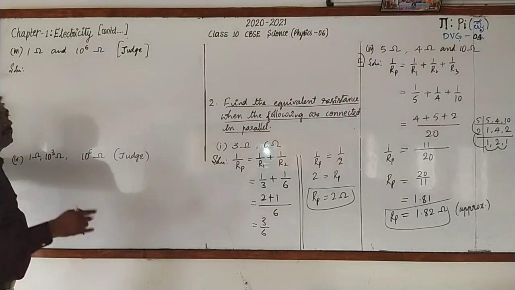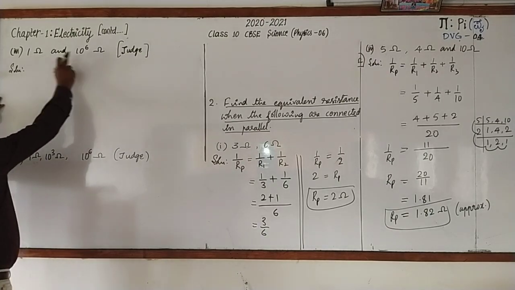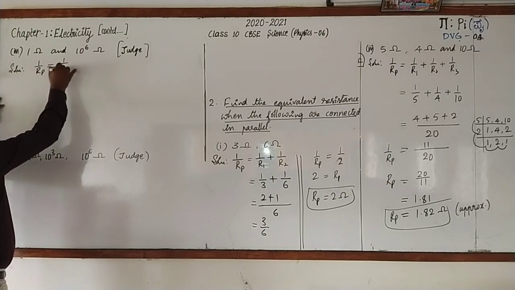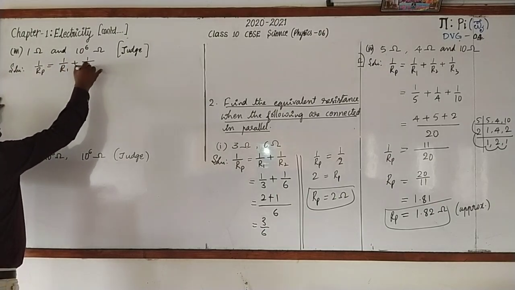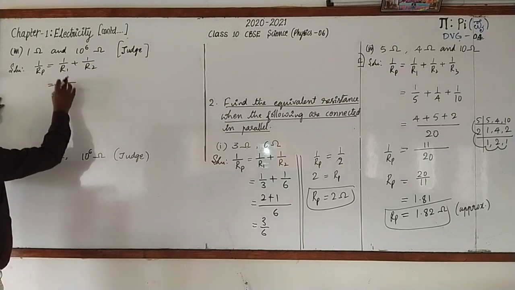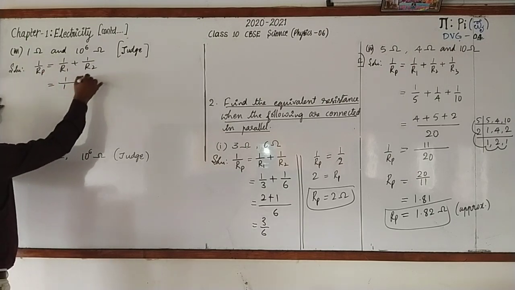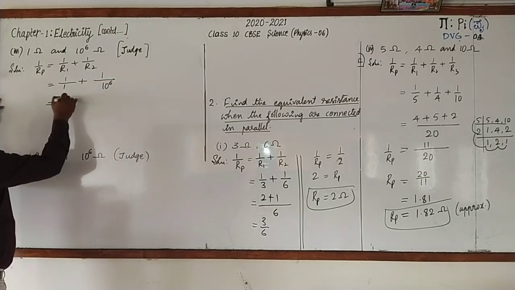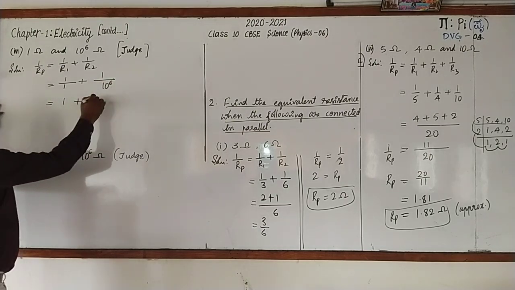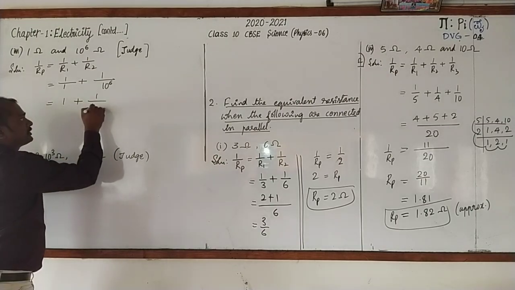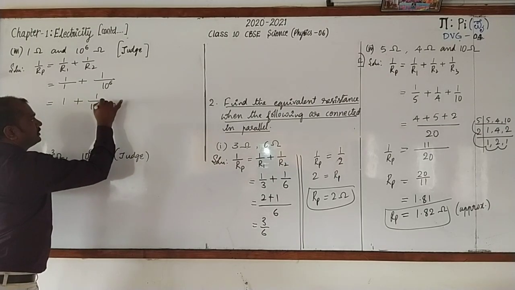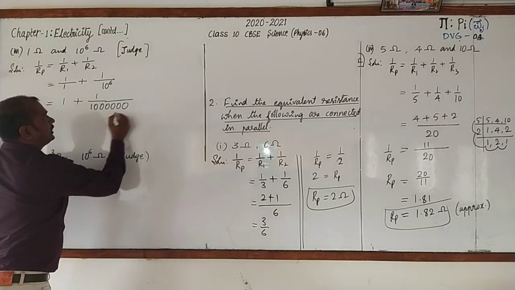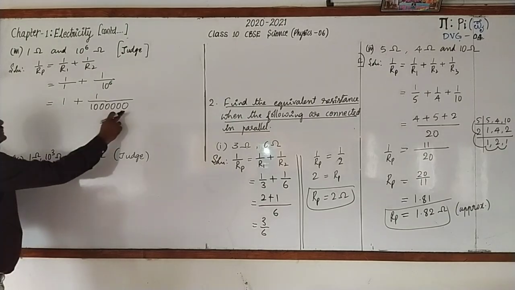Let's go further. How many resistors are given? 2. Call this R1 and this R2. As they are connected in parallel, you can write 1 by Rp is equal to 1 by R1 plus 1 by R2. 1 by R1 is just 1, and 1 by R2 is 1 by 10 raised to the power 6, that is 1 by 10 lakh, 1 after 6 zeros.